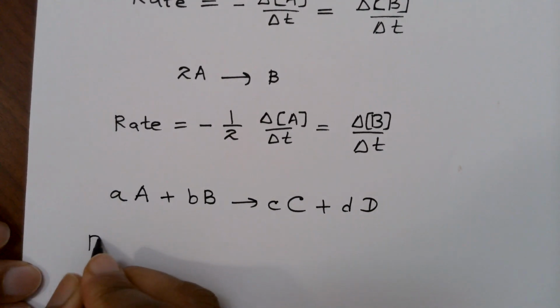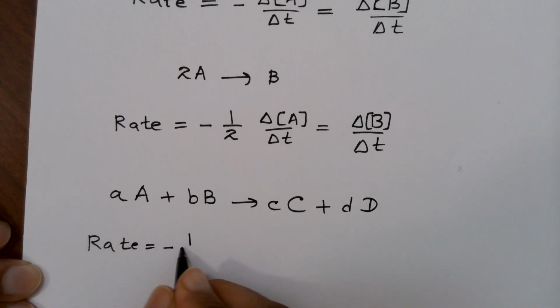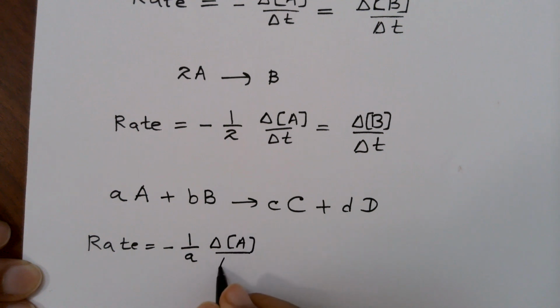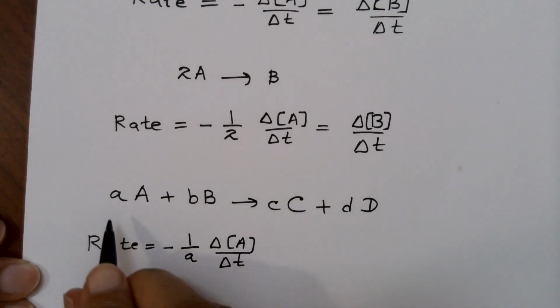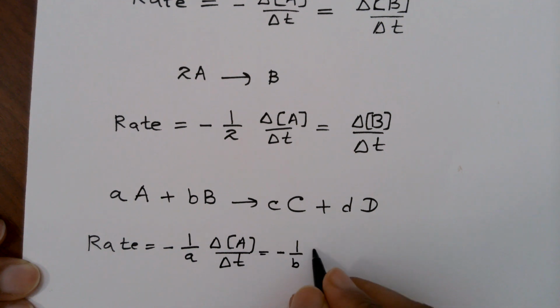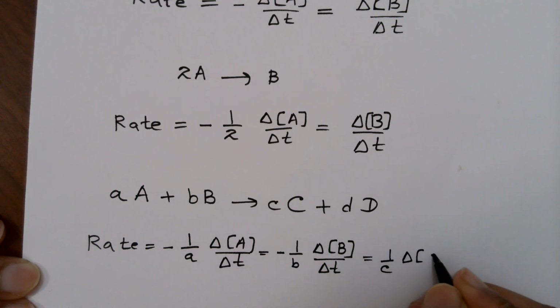Rate is equal to negative 1 over a times change in concentration of A, in terms of reactant A. Now let's write it in terms of reactant B. We can write the same way in terms of the product C. It is positive then, change in concentration of C divided by time.